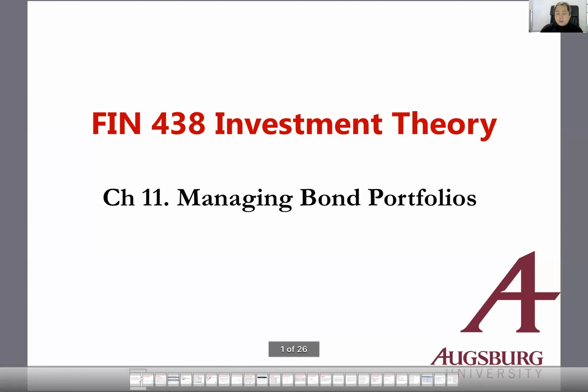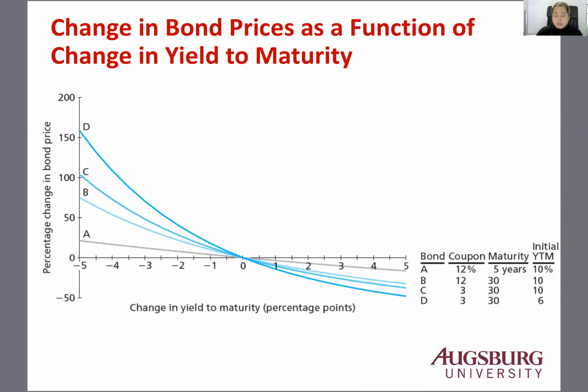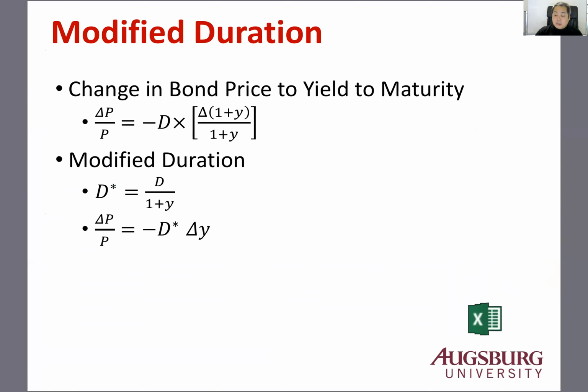Now we will have another example using the duration too. The reason duration matters is that it may be not just the effective maturity, but can explain very important information, which is interest rate risk.